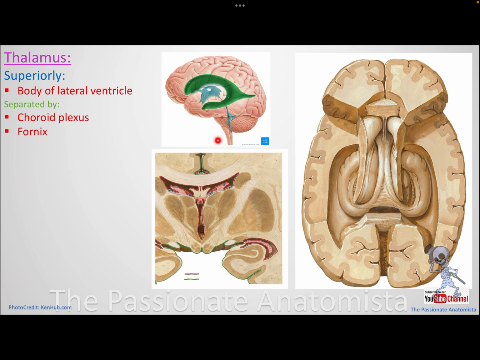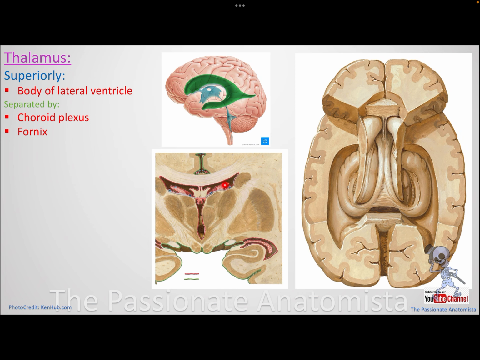All right, what is superior? I told you now that what lies superior to you is the body of the lateral ventricle. Is that all we need to know? No. If you look at the coronal section, from our cutie cat and the basal ganglia, that was the lentiform nucleus, that was the caudate, and I told you the thalamic nuclei are at the center, and they are surrounding the lateral ventricle. So the lateral ventricle is your medial relation.